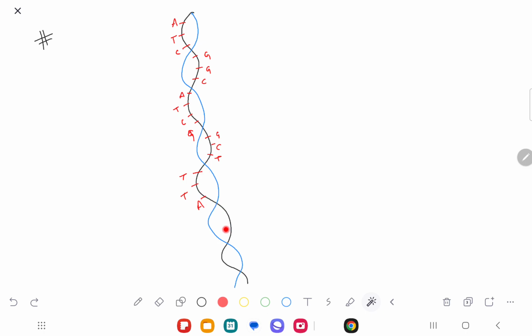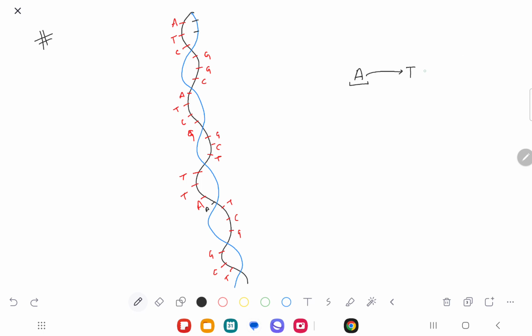You understand how many patterns this could make, because it can repeat itself. It could be A, T, C, G, G, C, T. And here also, it is going to be T, G. Now, there is a rule for this. If on one strand there is A, adenine, in the other strand just in front of adenine would be thiamine, AT.